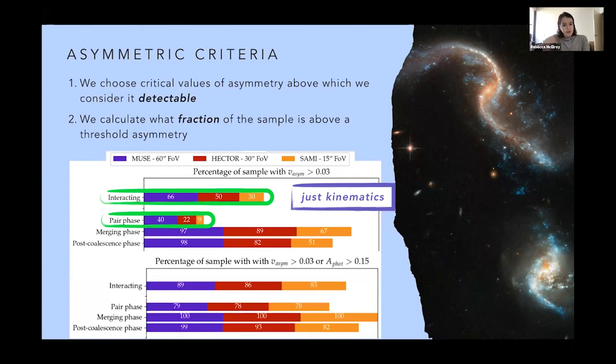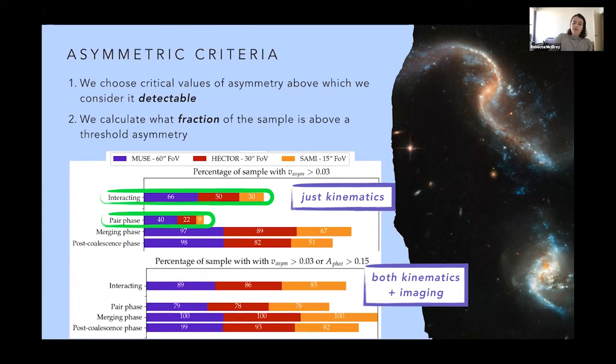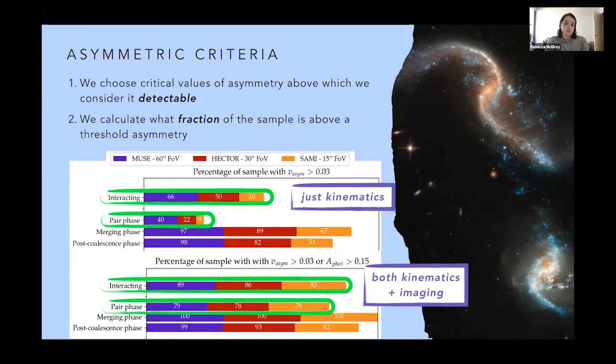However, if we throw in our imaging as well, we're able to bring these numbers way up. So we can see in the whole interacting sample, we can detect upwards of 80% of the time. And it really improves the pair phase because you don't lose the satellite galaxy from the field of view when you also have the imaging.